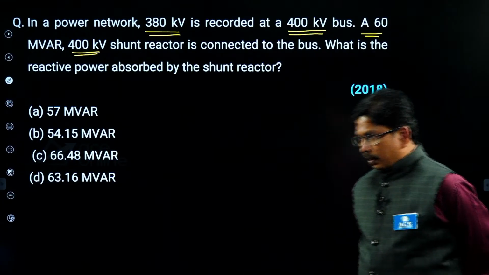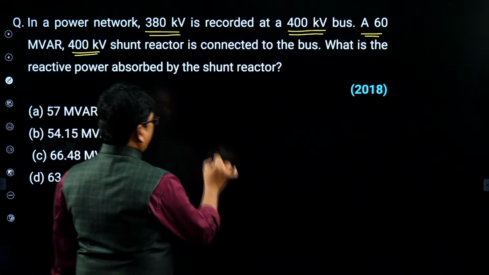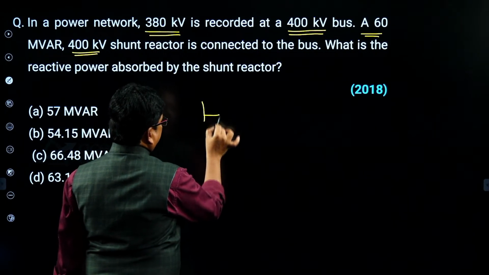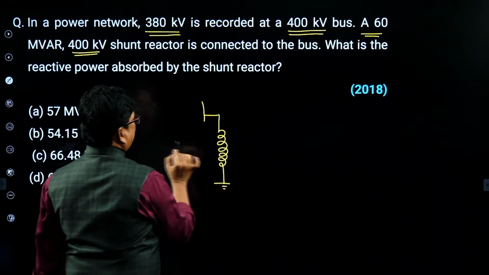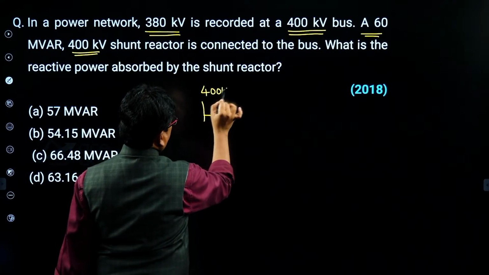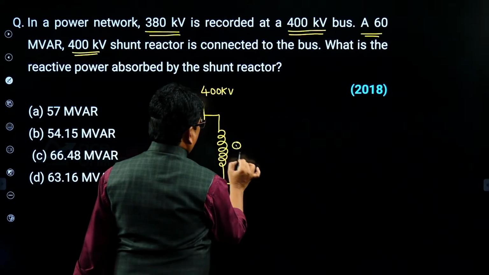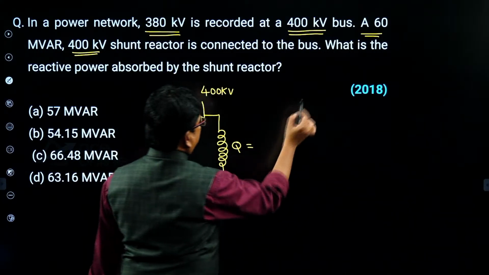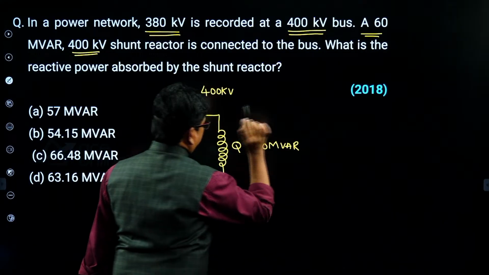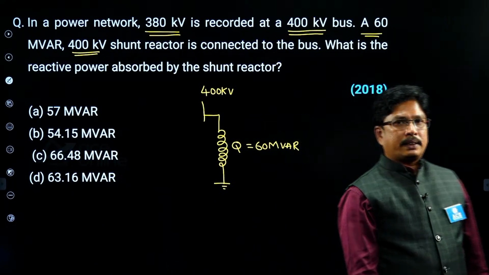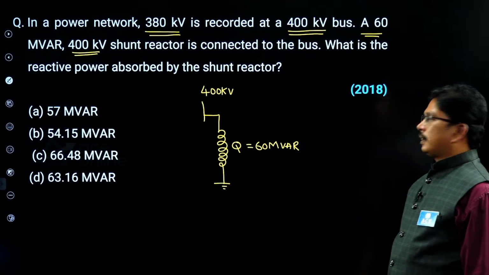Right. We'll see. See here students. Actually question is, at a bus we are having a reactor. Actual bus voltage is 400 kilovolts. For that 400 kilovolts, the reactive power of the shunt inductor is 60 MVAR.